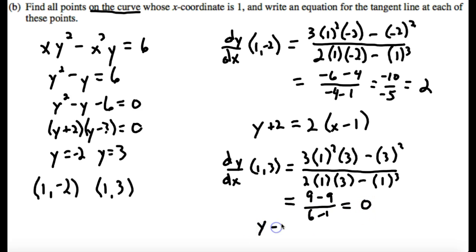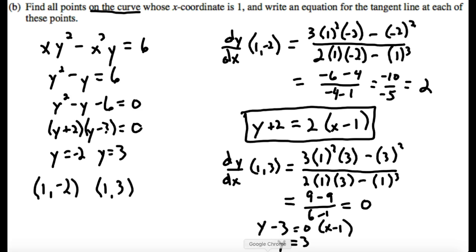I could say y minus 3 equals 0 times x minus 1. This just ends up being y equals 3. So my two tangent lines are here and here.